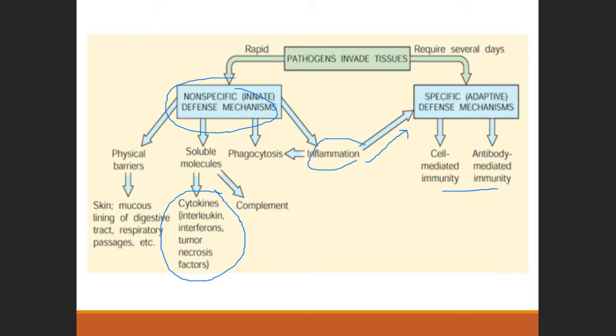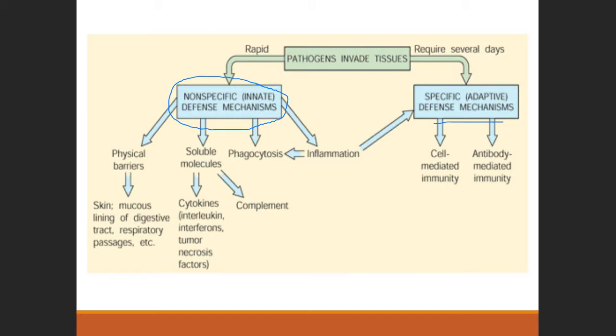They are interrelated, and I like to think of it as our innate response sets up our more specific response to be more successful. By having an innate system present, a barrier, we get a lower dose of infective agent that eventually has to be dealt with by a specific response, setting it up for a greater success.